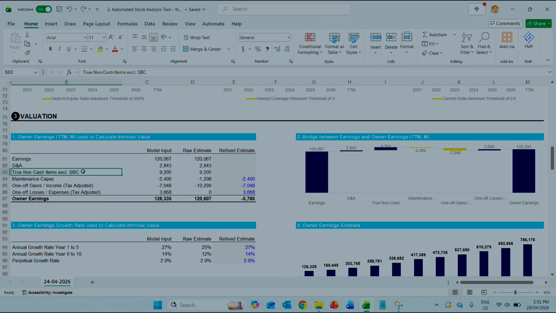They are non-cash items, but they are real. They have an economic value, because when you give stocks to your employees, you dilute the number of shares outstanding, which hurts the shareholder. Okay.